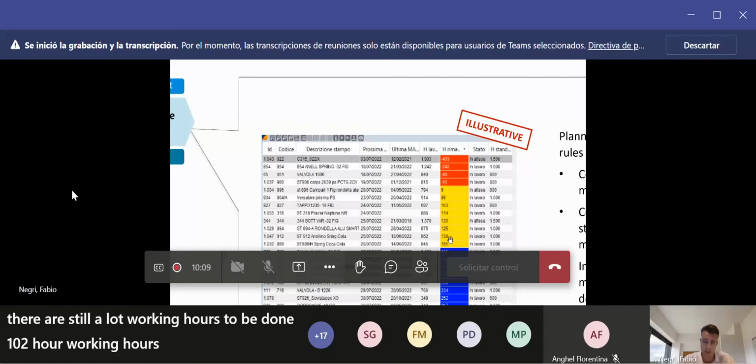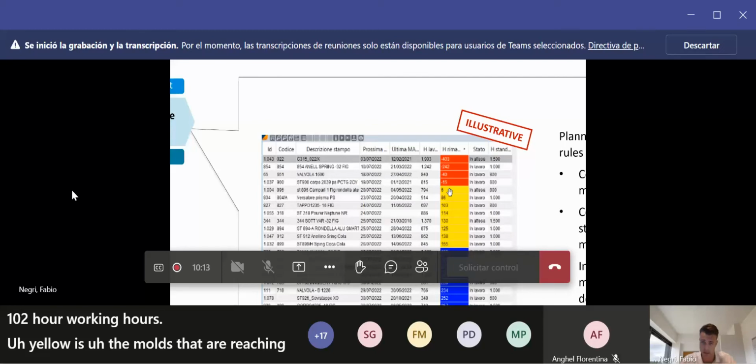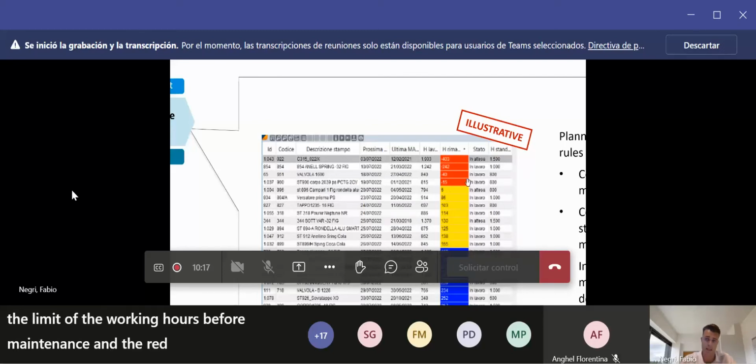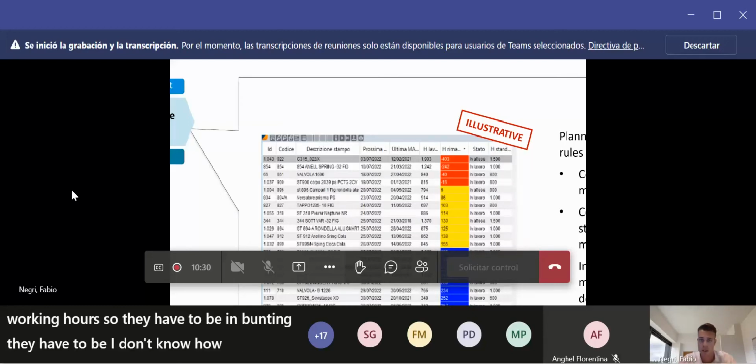Yellow is the molds that are reaching the limit of working hours before maintenance, and the red lines are the molds that have exceeded the working hours, so they have to be maintained, or, I don't know how to say it for molds, reworked.